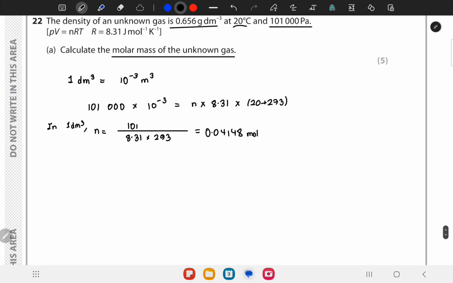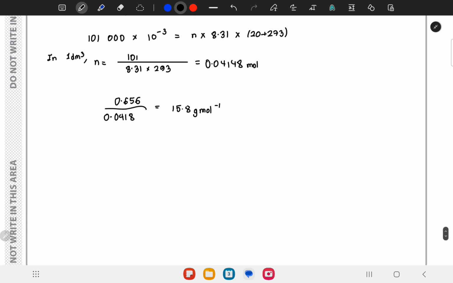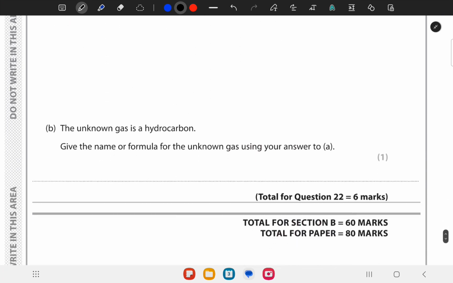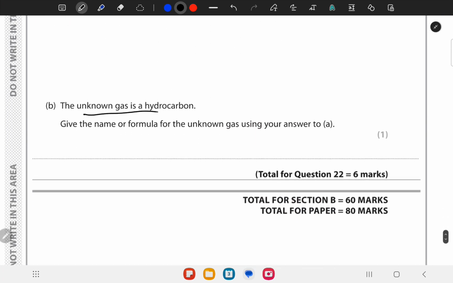And the density is 0.656. If we divide it by 0.0418, we get 15.8 gram per mole. This is the molar mass of the gas. Now we're told that the unknown gas is a hydrocarbon, and we have to give the name or formula for the unknown gas.